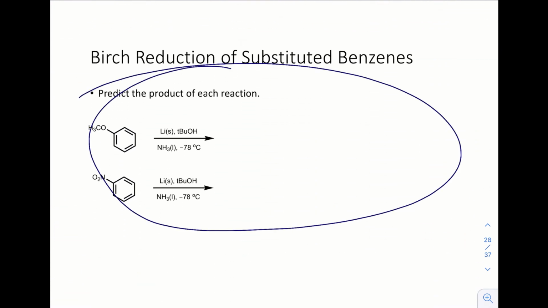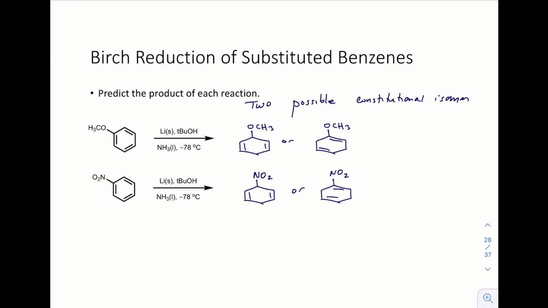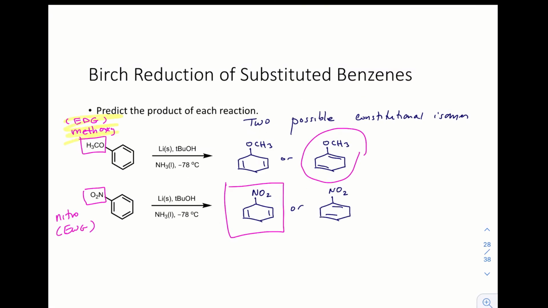So predict the products of each of these reactions. For both of these reduction reactions, two constitutional isomers of product are possible. When the substituent on the benzene is an electron donating group, the electron donating group is on one of the carbons of the 1,4-diene.